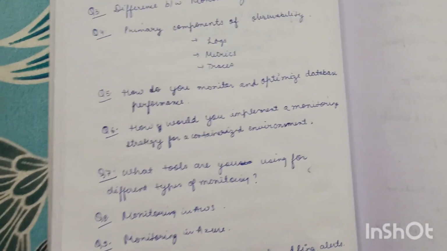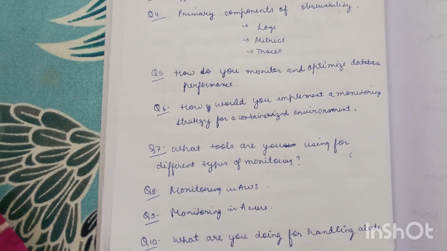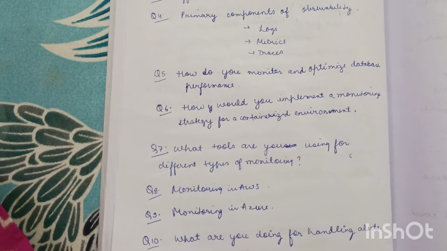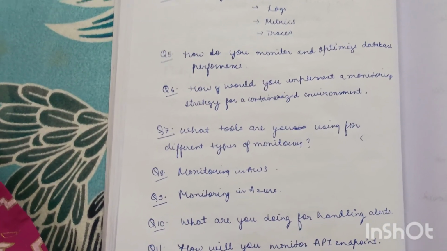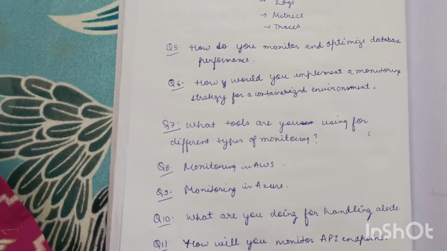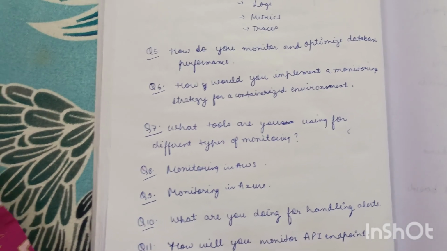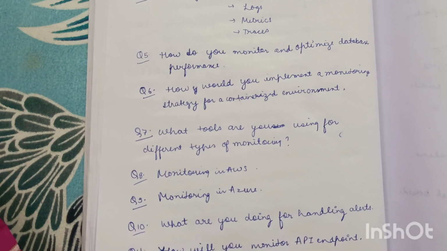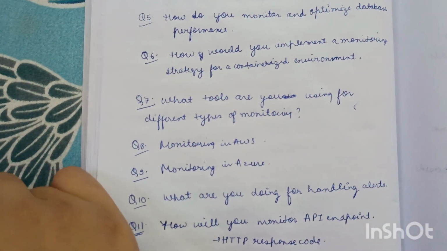Then tell what tools you use for different types of monitoring: network monitoring, connection monitoring, application monitoring, infrastructure monitoring, in AWS and in Azure. If you are working on AWS, tell how you have used CloudWatch. If you are working on Azure, how you have used Azure Monitor, or any other services you can mention.